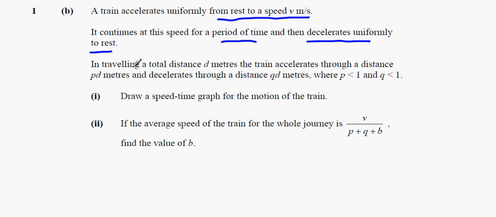In traveling a total distance d meters, the train accelerates through a distance pd meters and then decelerates through a distance qd meters, where p is less than 1 and q is less than 1. Draw a speed time graph for the motion of this train.